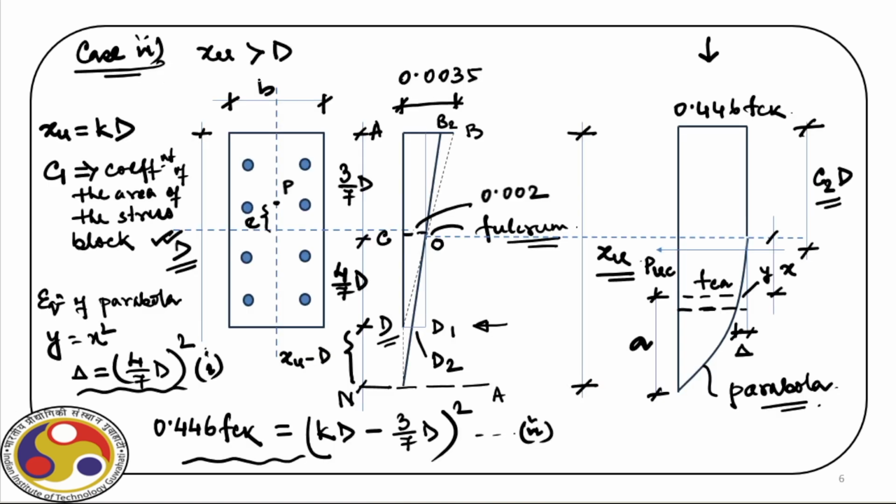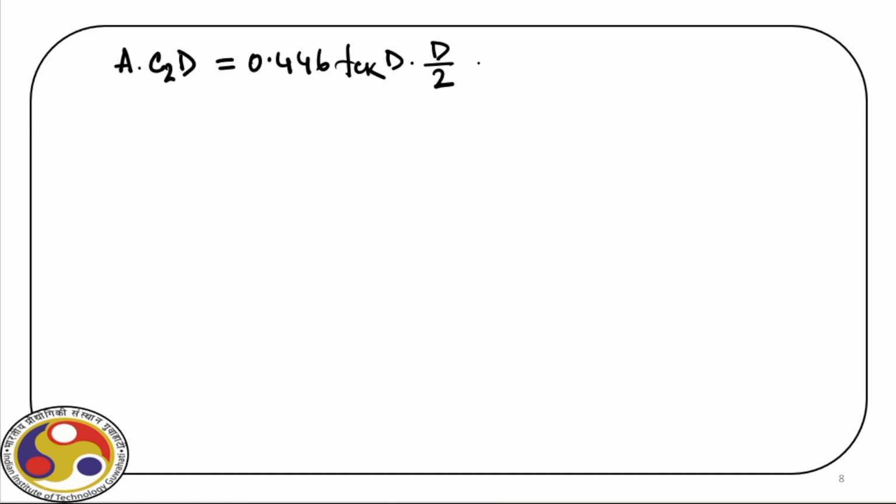So for the area, we have stress block area times the lever arm C2D, right? Which is equal to 0.446 FCK times D times D by 2. That is the rectangular part. Okay. And then we have to subtract that extra wedge at the bottom that we have already considered.